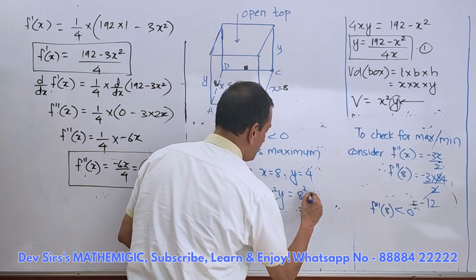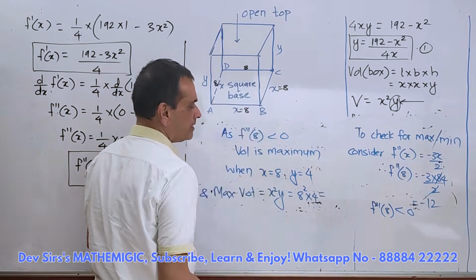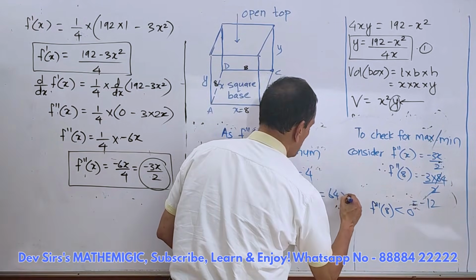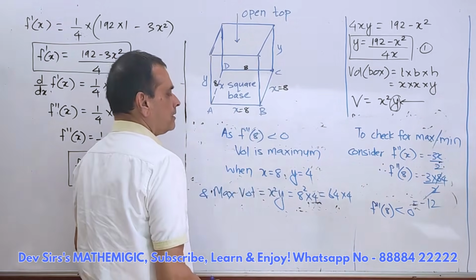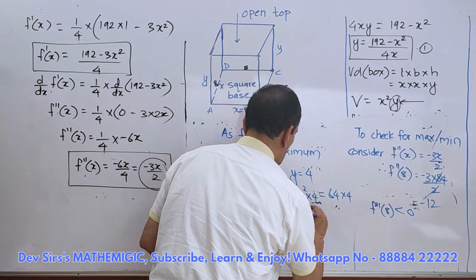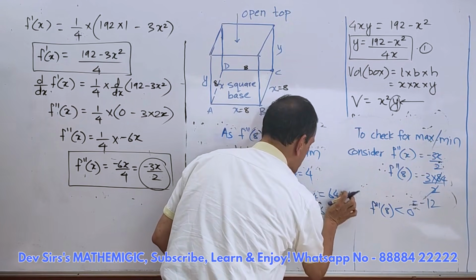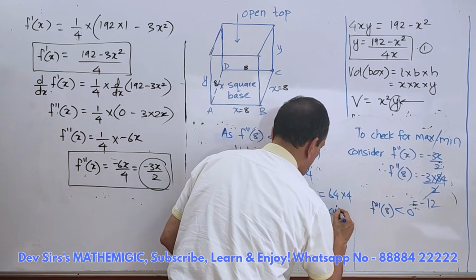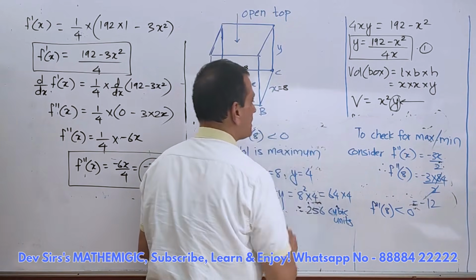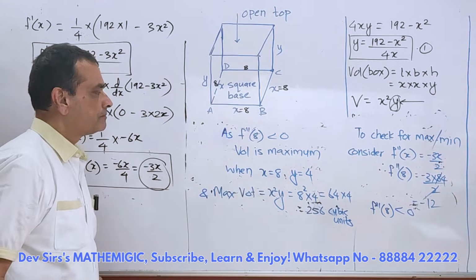X is 8, y is 4. So 64 into 4 gives you 256 cubic units. That is the answer.